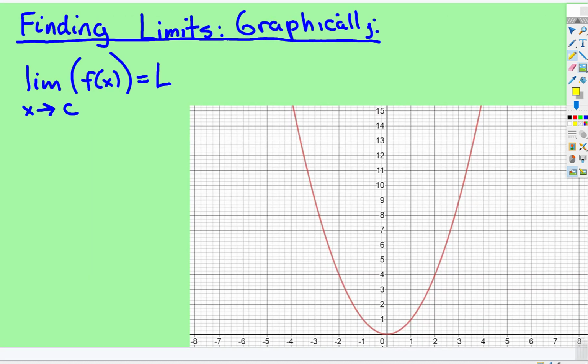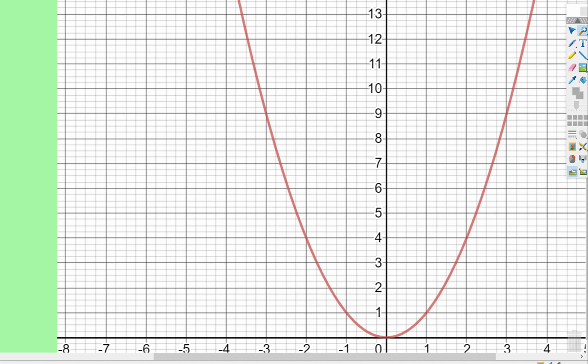We now have a quadratic. So let's get infinitely close to -3. So as we get infinitely close to -3, where does it run into the graph?